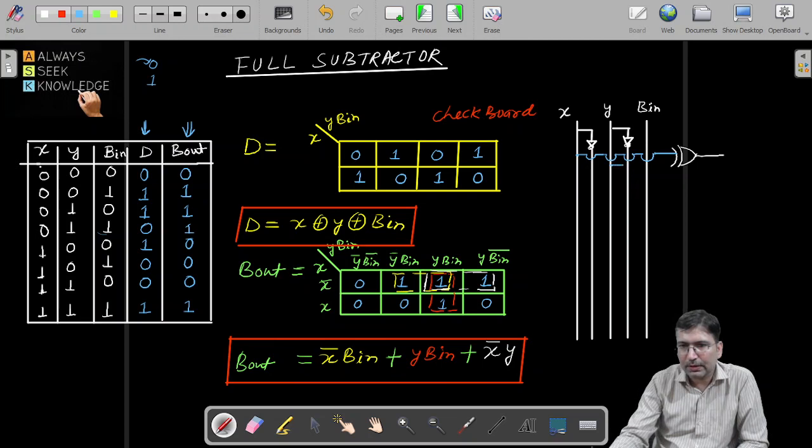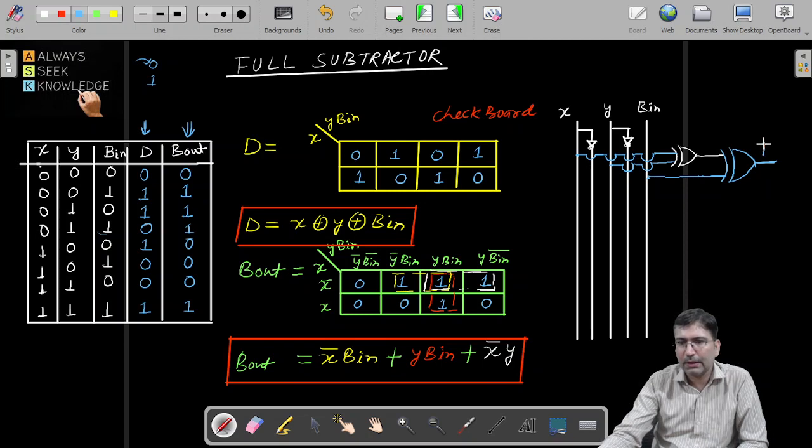Y we can pass like this. And now because we need another XOR with B in, let me pass B in from here. This is B in and it is going like this, and there's another XOR. So this is our D, and D is X XOR Y XOR B in.